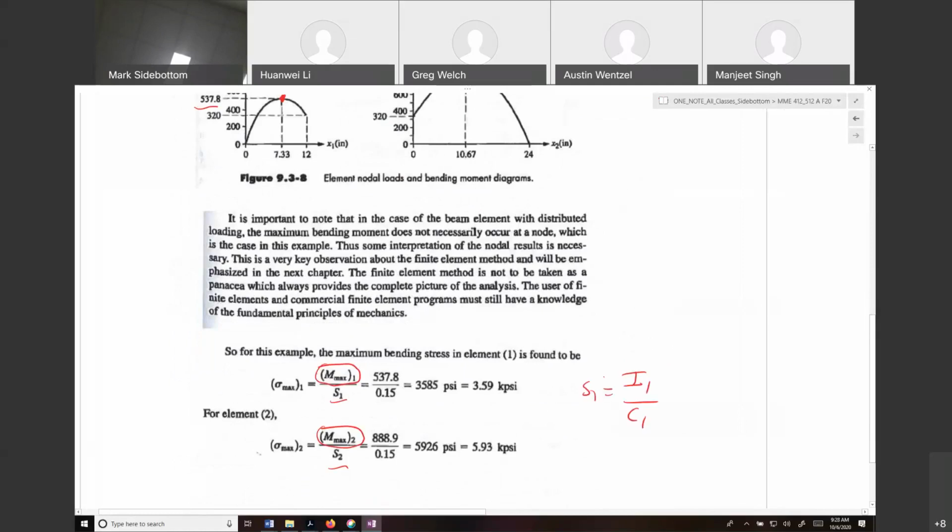So that was given to us, so we can then solve for the maximum stress within each element. So maximum stress occurs in element 2, and it has a value of 5.93 kpsi.